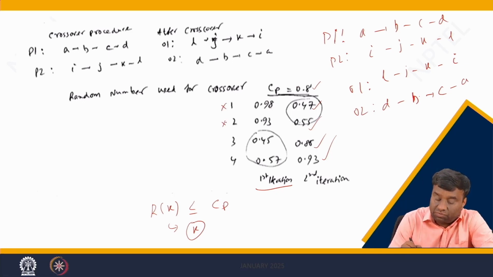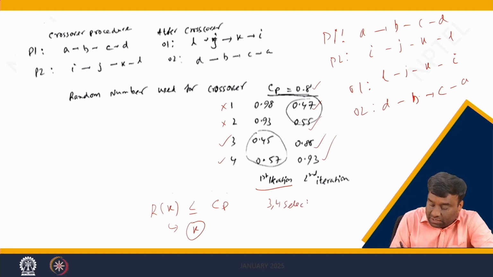Chromosome 2 will also not be selected. So chromosomes 3 and 4 will be selected, as their random numbers are less than the crossover probability. So chromosomes 3 and 4 are selected as parents in the first iteration.